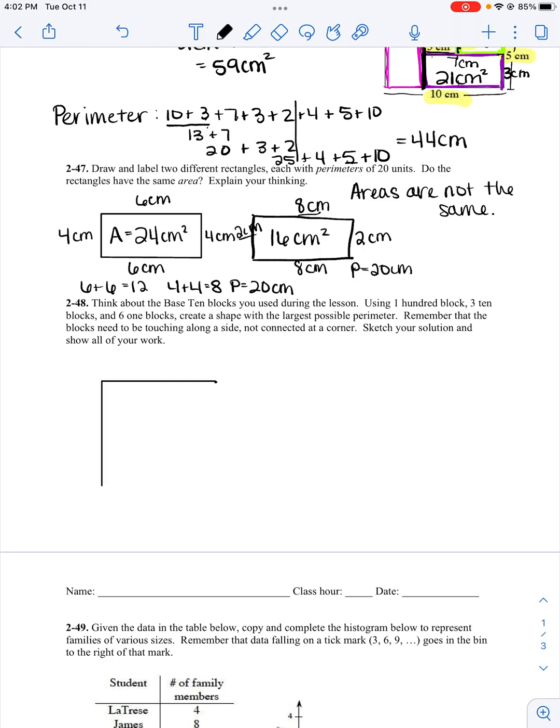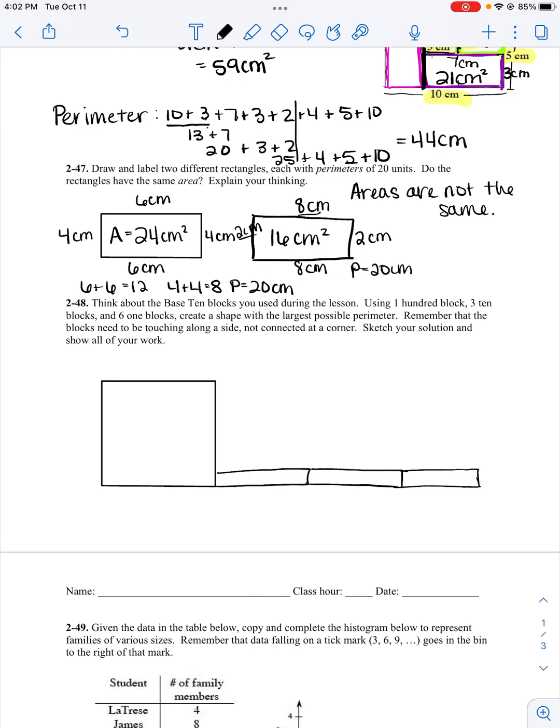So, I have a 100 block, and I have 3 tens blocks, and 6 ones blocks.